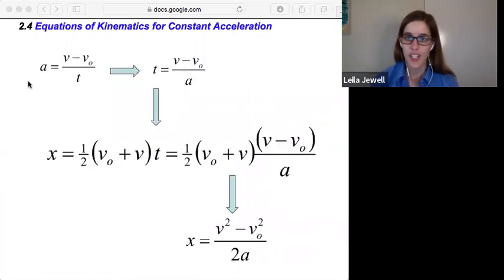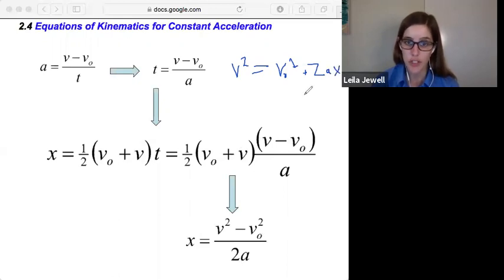So as we look at it here, we can take our acceleration definition, rearrange it to solve for time, plug it in to our displacement and average velocity one to eliminate time, and then do some math here with distributing, and we arrive at this equation. This is just a rearranged version. I prefer to instead start with the given one, which is just that v squared is equal to v initial squared plus 2 times acceleration times displacement.